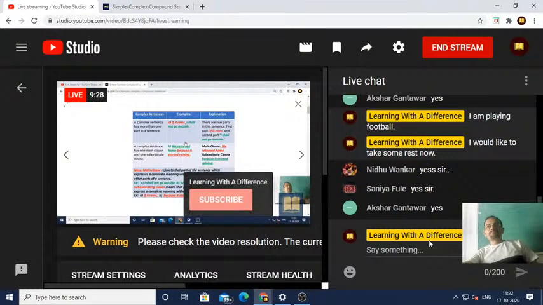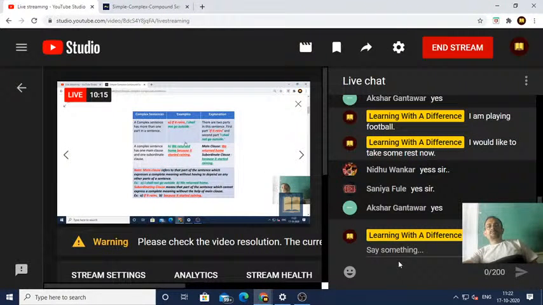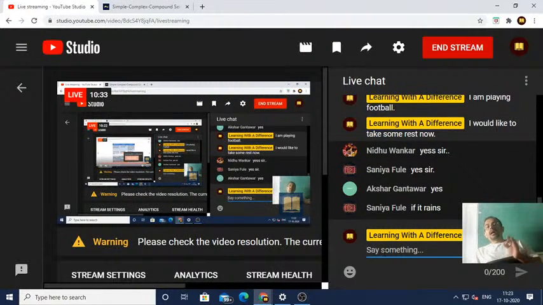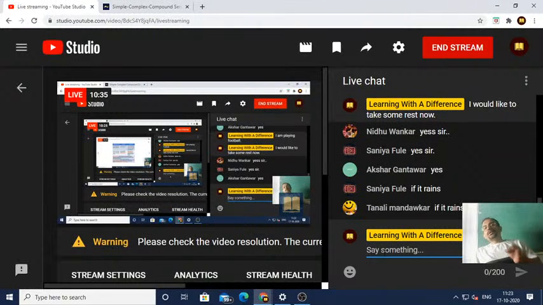Just text me. Sania, Nidhu, Vinita, any one of you or anybody who is watching me can text me now. Which between these two, the red and the green, is expressing a complete meaning without having to depend on the other part of the sentence?